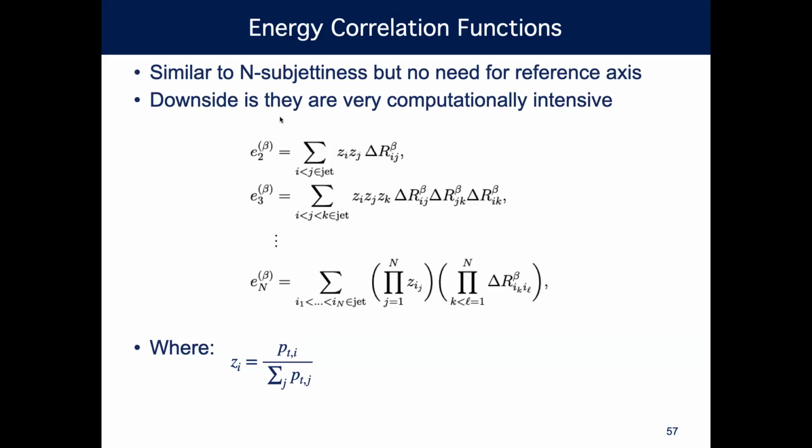The energy correlation functions are similar to n-subjettiness, but we don't have a reference axis, which is nice. And it goes into these generalized angularities. But you can also do this now with correlations of the energy and angles. So you can do a 2-point correlation, so you take all the pairs. You can do a 3-point correlation where you take all the triplets.